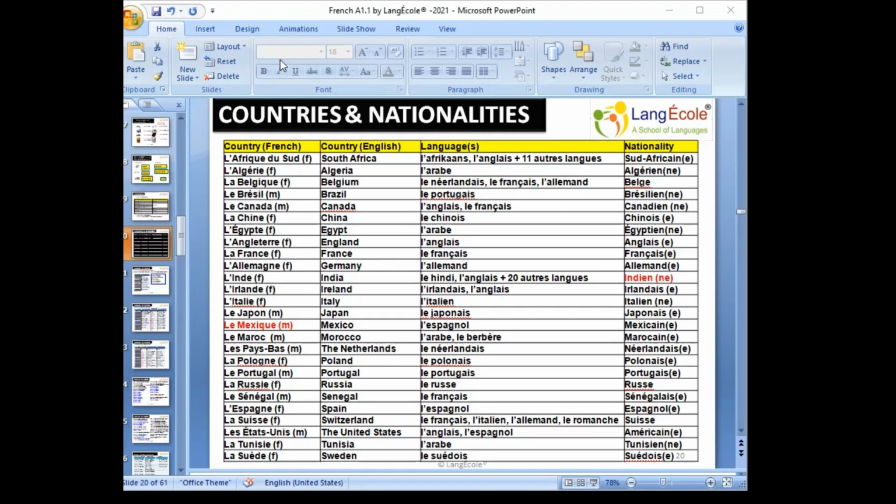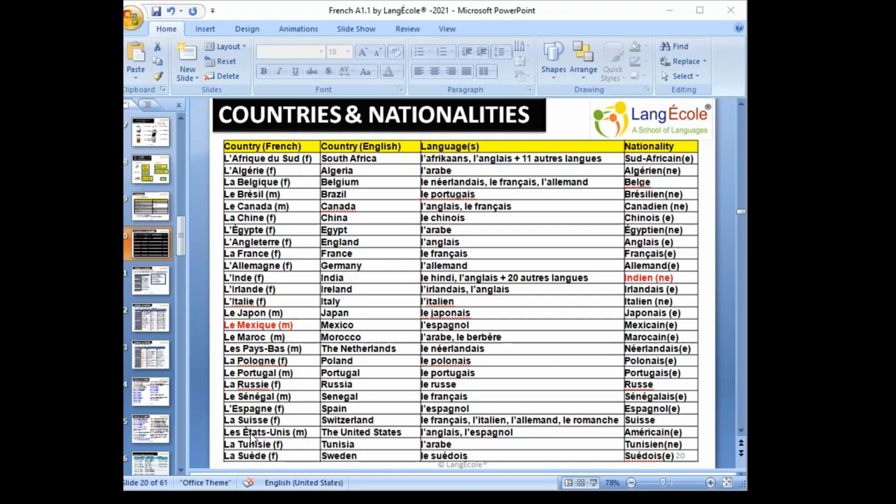Any other? United States also. Les États-Unis. There is a liaison here between les and États.